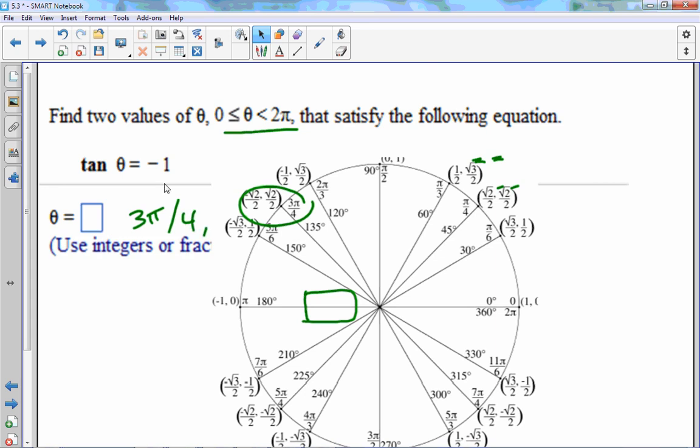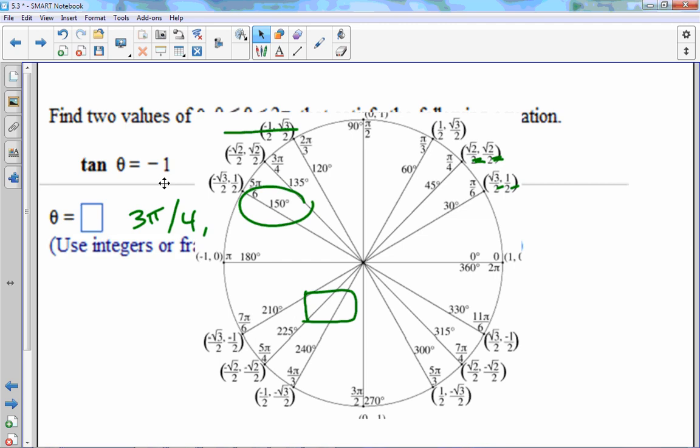Where else would the tangent be -1? Would it be -1 at 5 pi over 4? That'd be +1. So where else? Yes, 7 pi over 4 would give me a -1 too. So you have 2 answers, and you separate them with a comma.